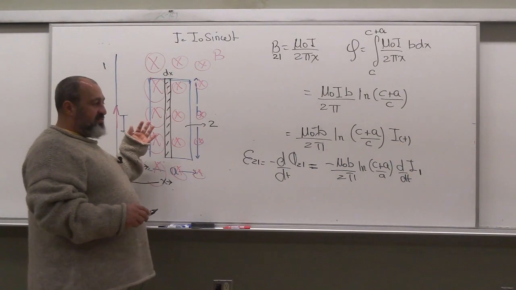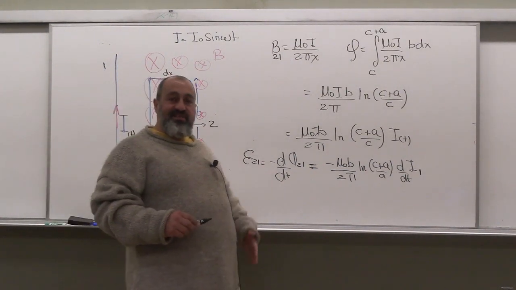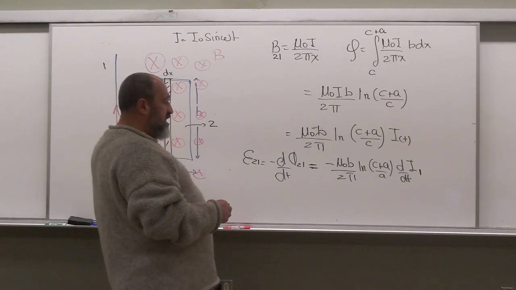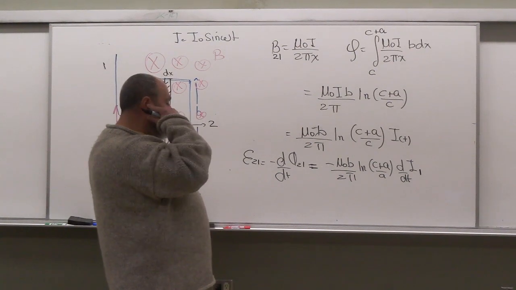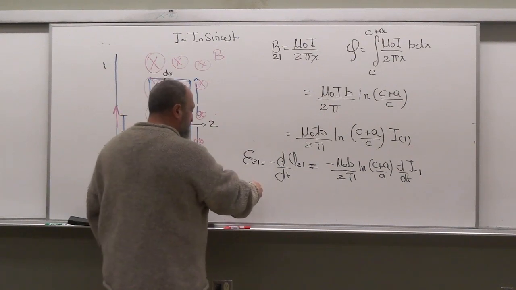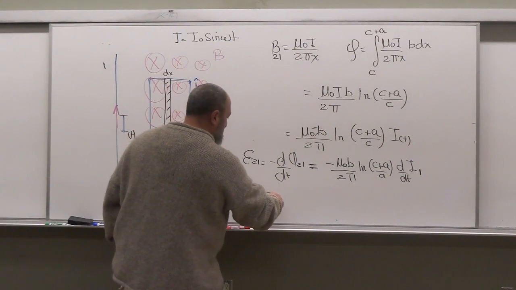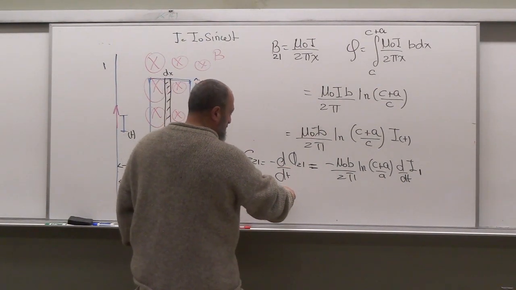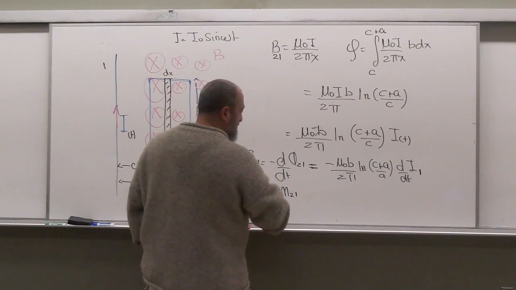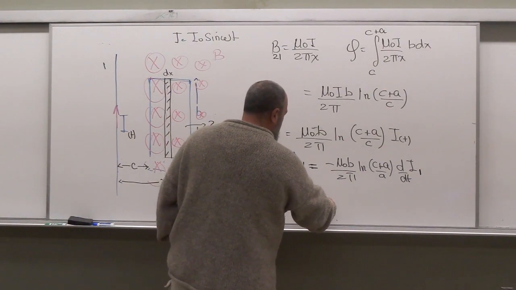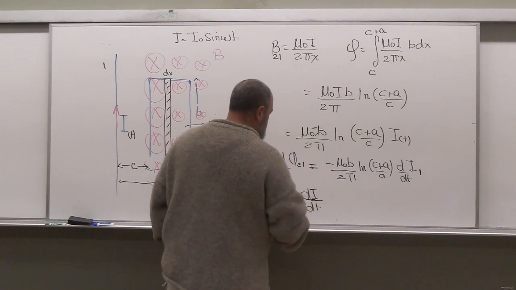We have a mutual induction, or something called the flux linkage, right? So epsilon in 2 from 1 is d phi in 2 from 1 by dt, and it can be written as epsilon in 2 from 1 equal to M in 2 from 1 multiplied by di by dt, okay?